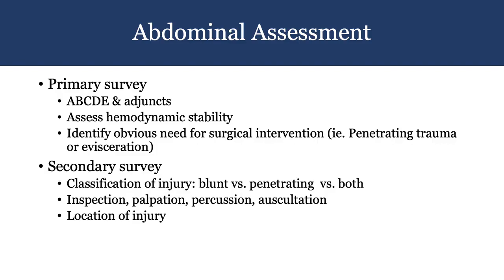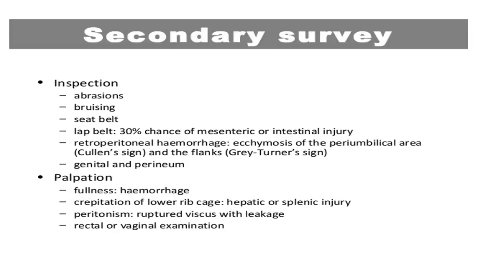In the secondary survey for the abdominal assessment, we usually want to classify the injury. More specifically, we want to call it either blunt or penetrating or both, and we do this as we inspect, palpate, percuss, and auscultate the abdomen. Please remember that the location of the injury is very key in helping you determine the extent of the injury.